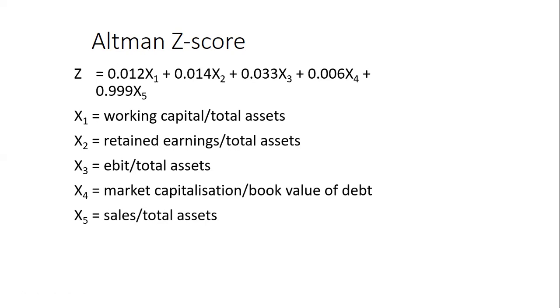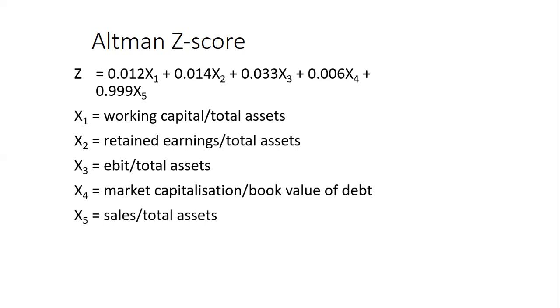according to Altman, if you want to predict if a business would fail, you should look at these 5 ratios. The working capital to total assets ratio, retained earnings to total assets ratio, the earnings before interest and tax, which is the same as profits before interest and tax, to total assets, the market capitalization to the book value of debt.